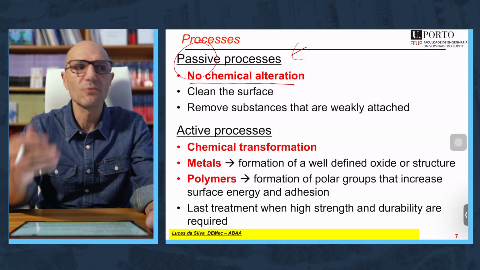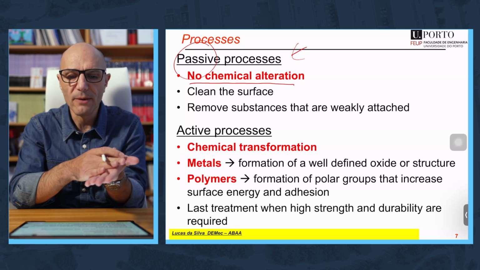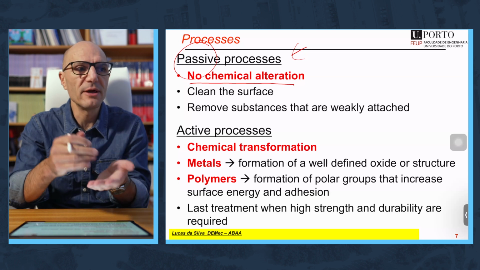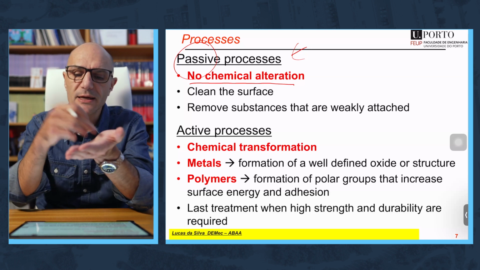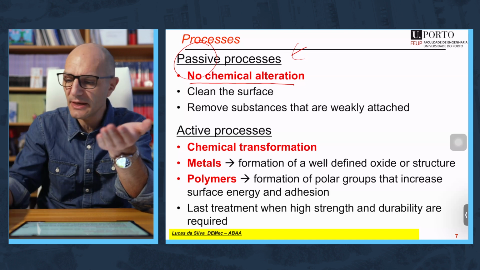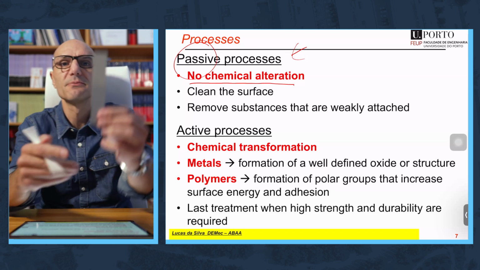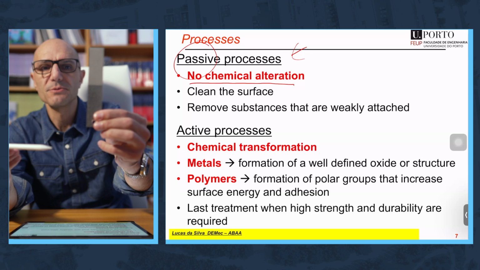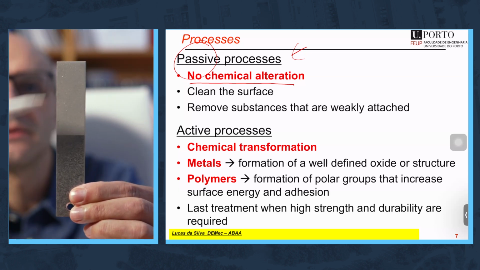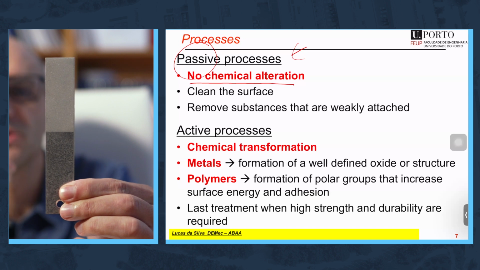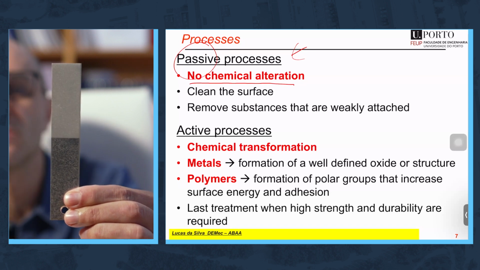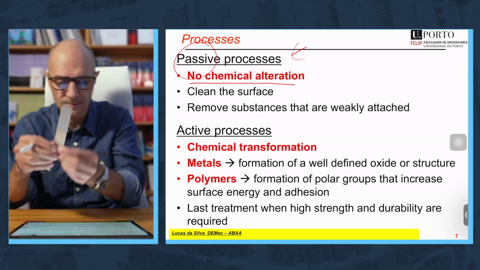That's what you obtain, for example, if you apply emery paper, or if you apply shot blasting, you apply particles at high speed on the surface that leave the surface highly irregular. Something like this. You see, this is aluminium substrate. Here it was not treated. Here it was shot blasted, and you can see clearly the change of topography, but there is no change of chemistry, all right?